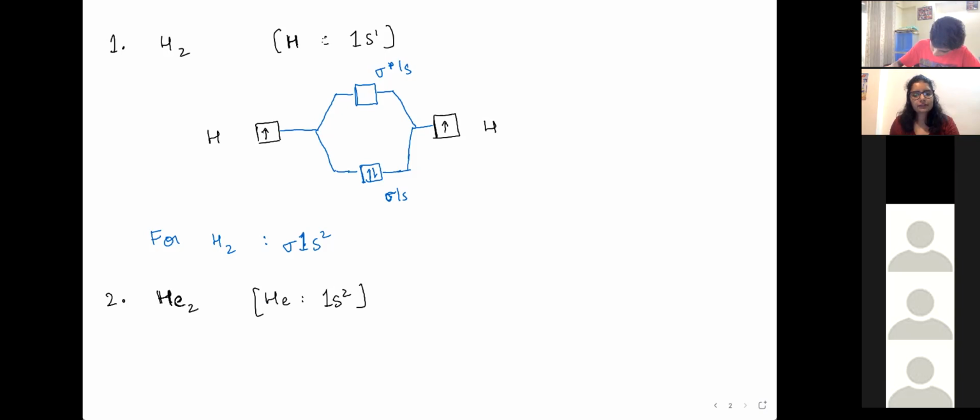Once you figure this out, you can send the electronic configuration on chat if you want, or you can say it out. We can discuss this.